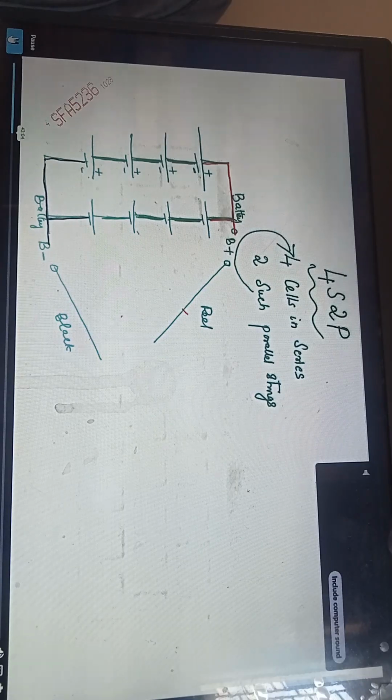So this is a 4S2P configuration. Two 4S parallel strings. One 4S is parallel to another 4S. So totally two such parallel strings. Okay. Anyone? Any doubt in this?